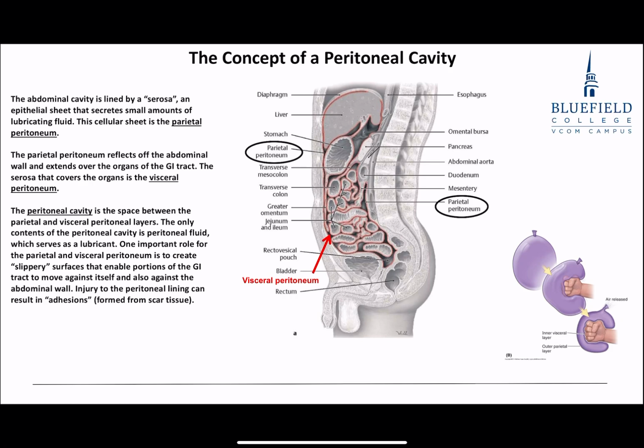The pink that is immediately attached to those circles would be visceral peritoneum, okay? So there would be parietal peritoneum attached to the anterior abdominal wall here, and on the posterior surface, all along right here, it's not that easy to distinguish.